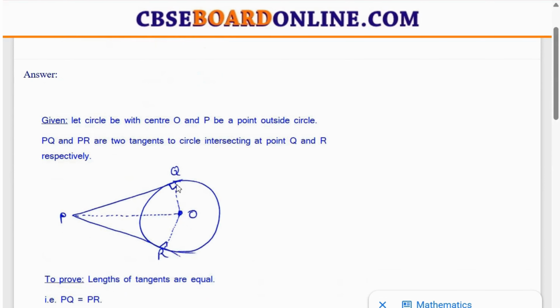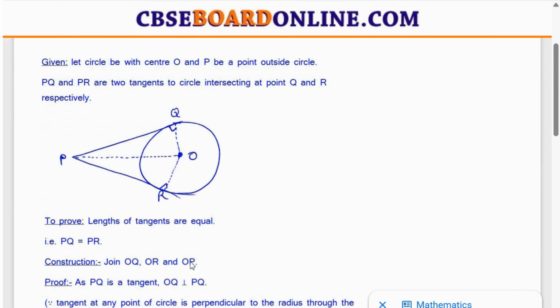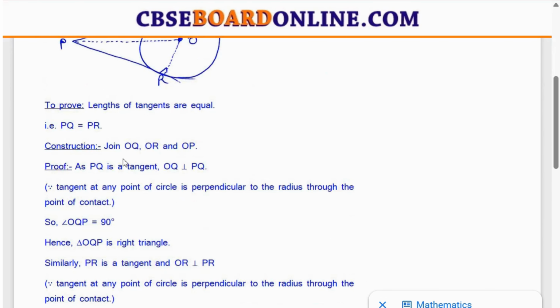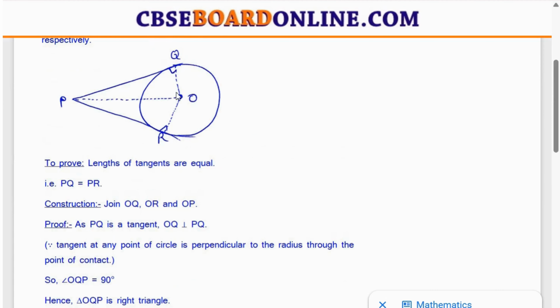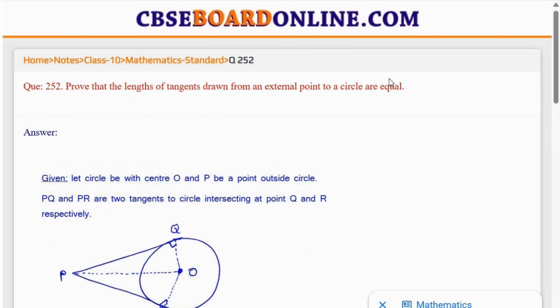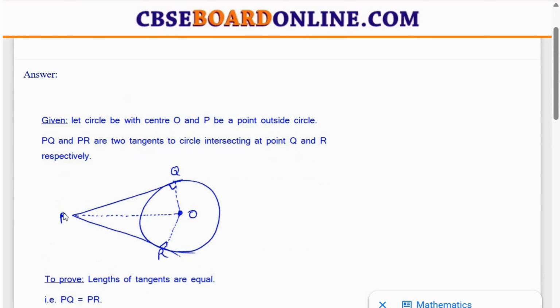So the length of the tangent, this PR is going to be equal to QP, right? So join this and this. Since both of them are perpendicular and this line is common, this proves that this is a right angle triangle, right?